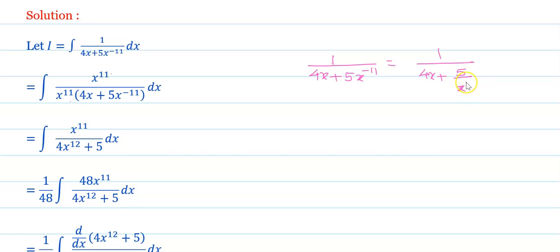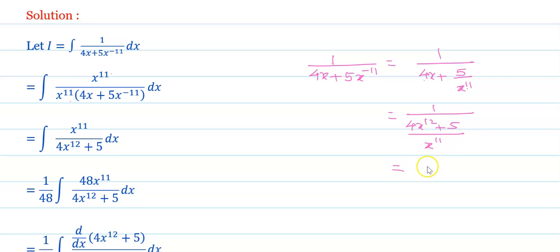4x plus 5x raised to minus 11 means what? 5 upon x raised to 11, and we will simplify this. What is that? x raised to 11 into 4x, then x raised to what will come? x raised to power 1 and this 11, that will become 12, and hence you will get here 4 x raised to 12 plus 5 upon x raised to 11.